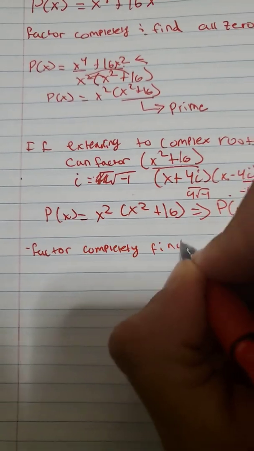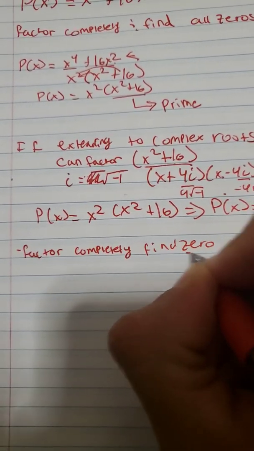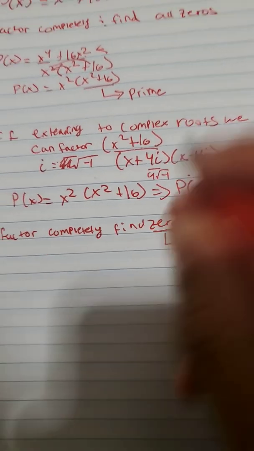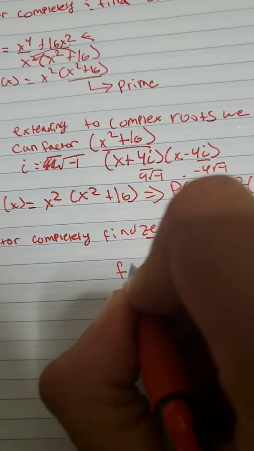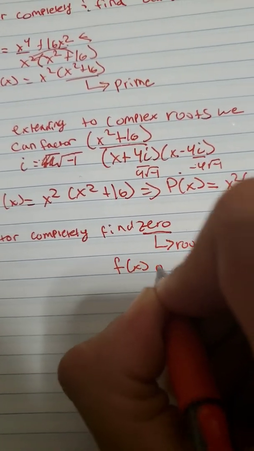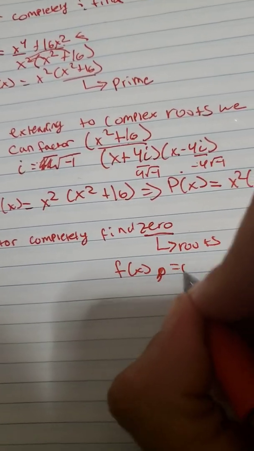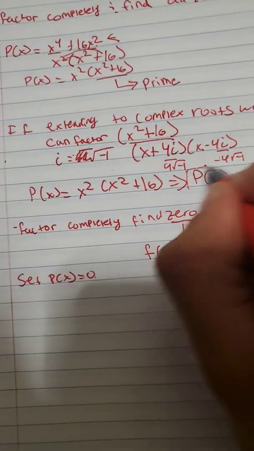The zeros of a function are also known as the roots. It is when f of x, or any function of x, is equal to 0. So we're going to set p of x equal to 0. This is the first part of our problem done.